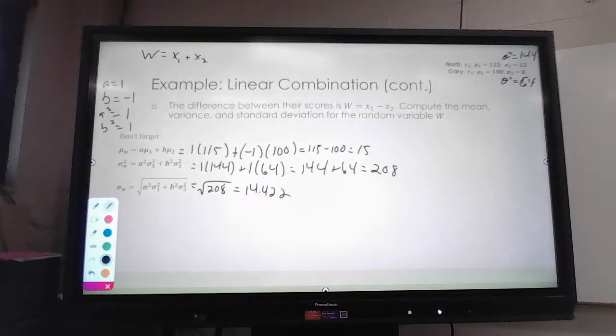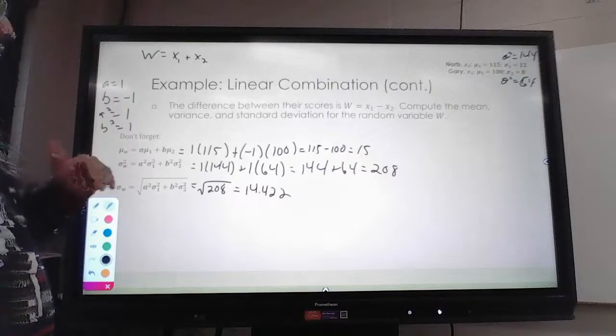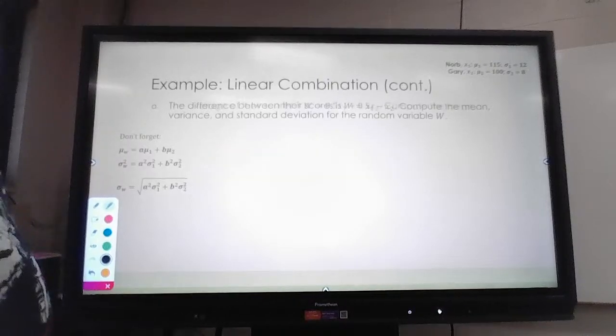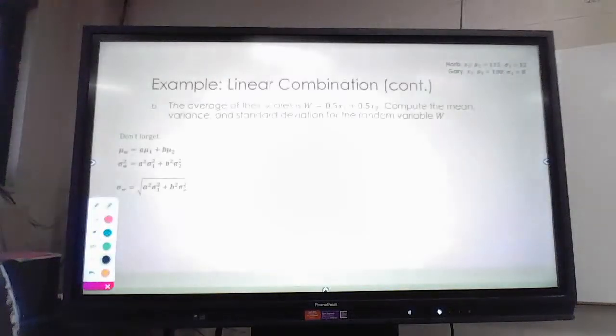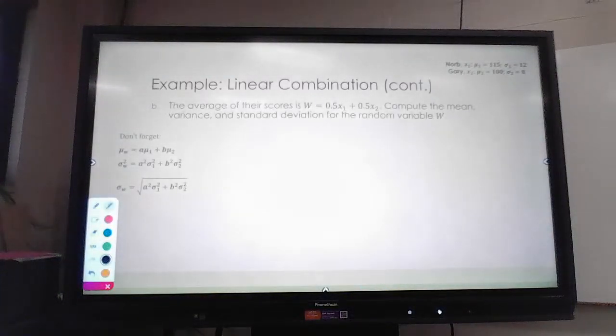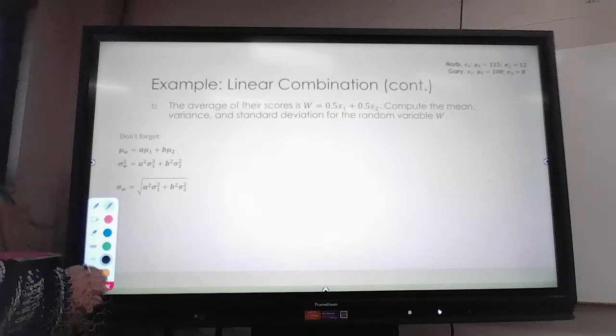So as long as you know how to use the formulas and find your a and b, you can work these types of problems. Last example. The average of their scores is 0.5X1 plus 0.5X2. So we're going to work this pretty much the exact same way that we did the last one. But this time our a and b are going to be different.